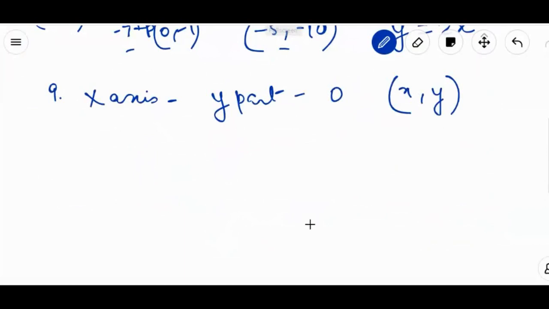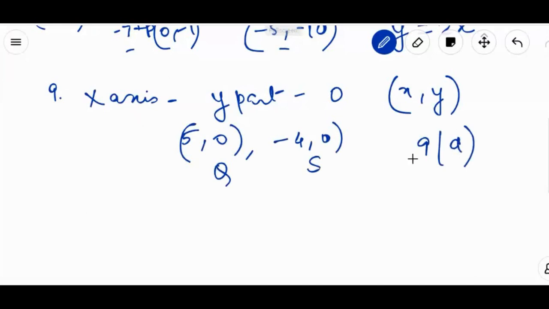Without plotting also, children, you can do this. Check your 4 points. Which are the points in which the y part is 0 here? Ma'am, Q and S. So the points are 5, 0 and the other point will be minus 4, 0. So Q and S. So your correct option is in the ninth one, D. In the ninth one, D is the correct answer.